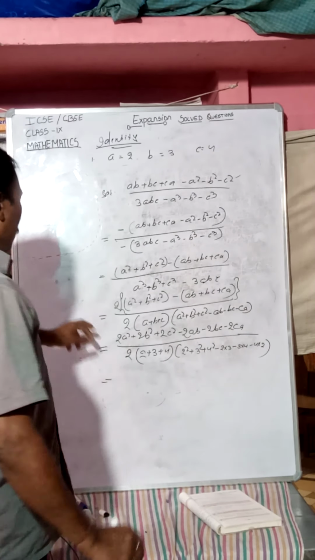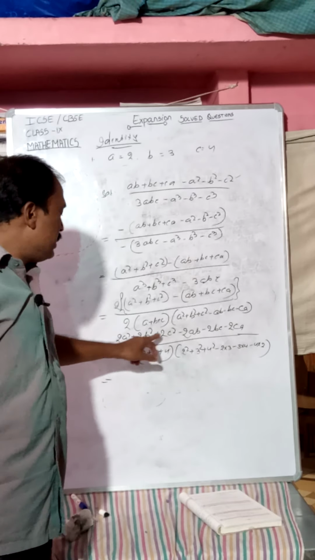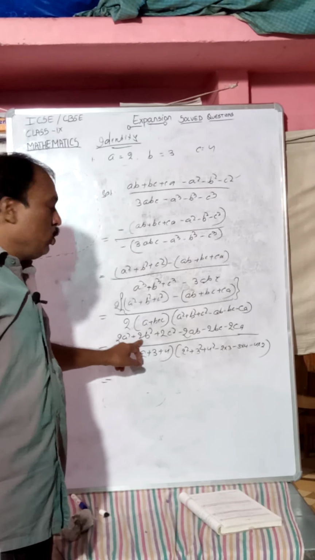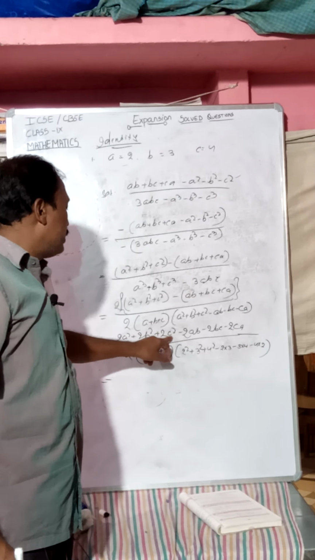That is equal to, look, 2A square, 2B square, 2C square means A square plus A square, 2B square means B square plus B square, 2C square means C square plus C square.